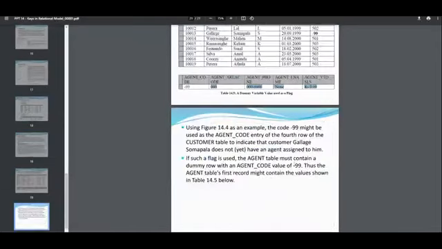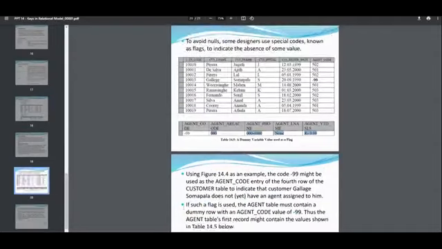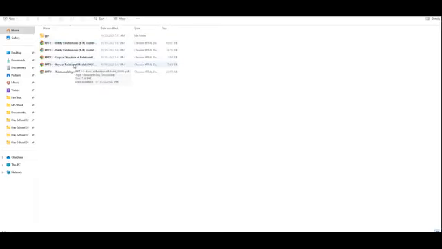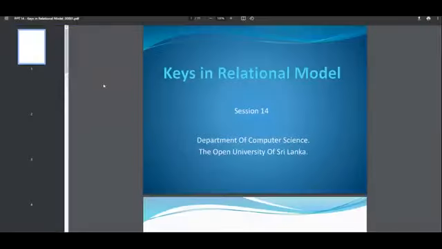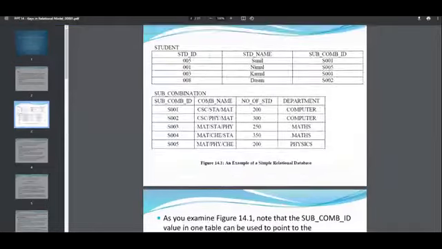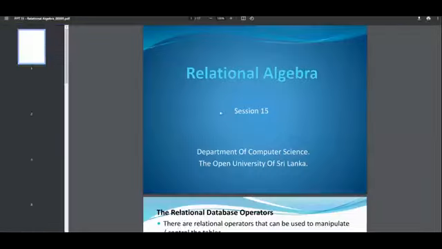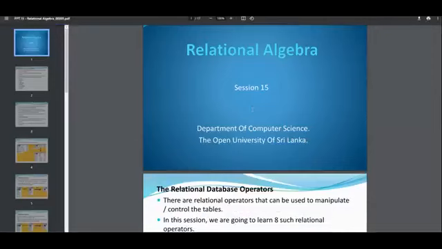Okay, then we can go to our next presentation. We have covered the 14th one, right? Yeah, then the 15th one. Relational algebra.